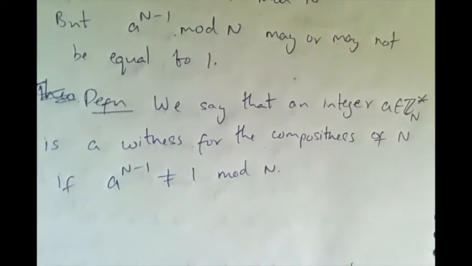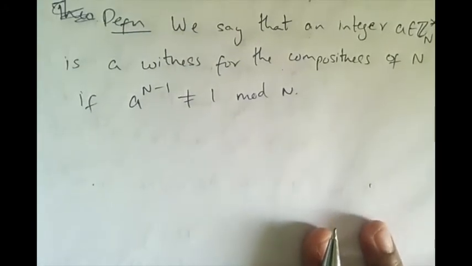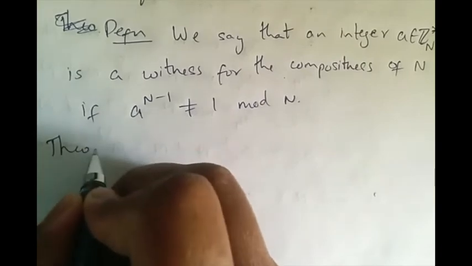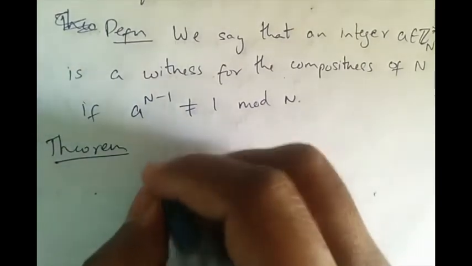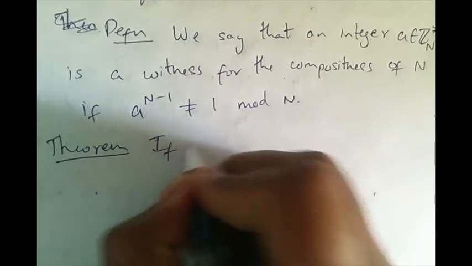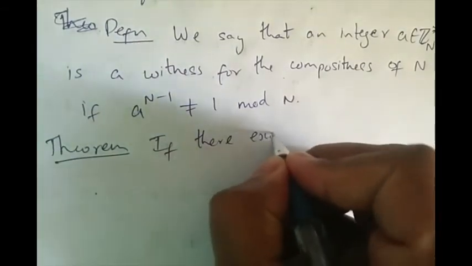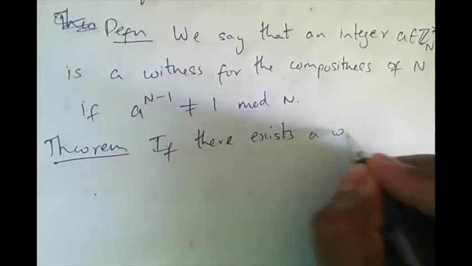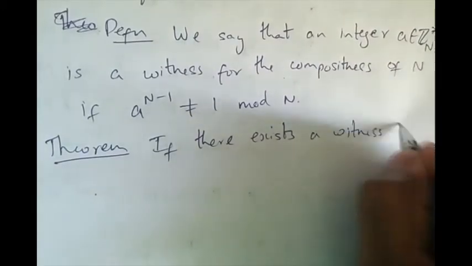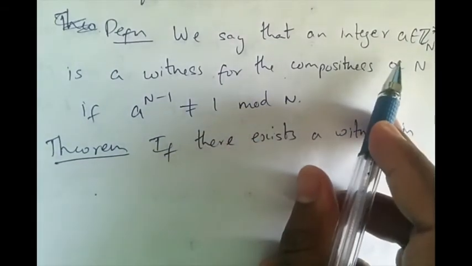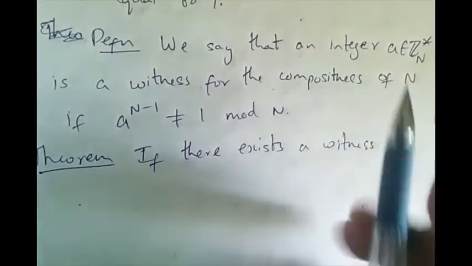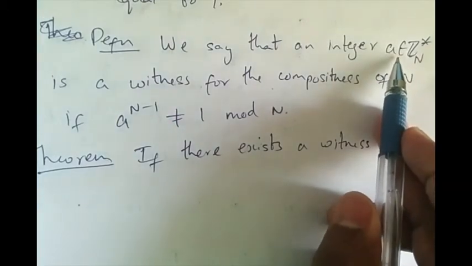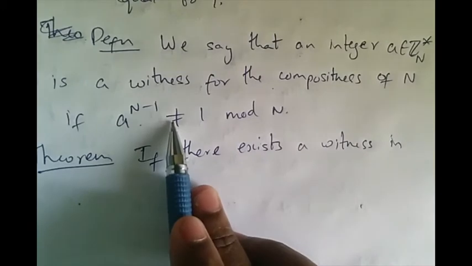Okay. So now the theorem which I want to state is that if there exists a witness, so by definition, a witness must be in Zn star, because for integers in the range 1 to n minus 1 which are not in Zn star, anyway a raised to n minus 1 will not be equal to 1 mod n.